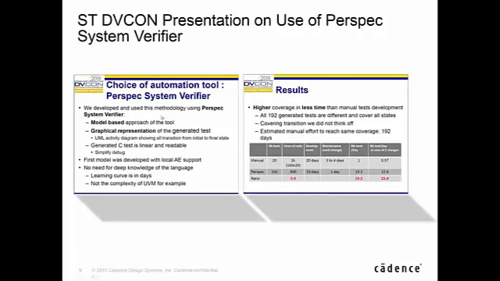And this just kind of highlights some of the capabilities that were valuable to them in the process, and some of the results that they saw in terms of productivity of creating tests, and also kind of the number of tests that they were able to achieve using automation, to achieve that full coverage that they were looking for, and where they were in the manual versus where they got to with automation.